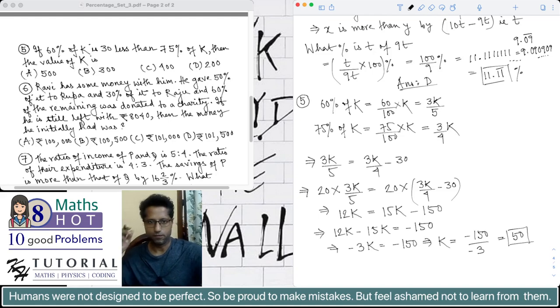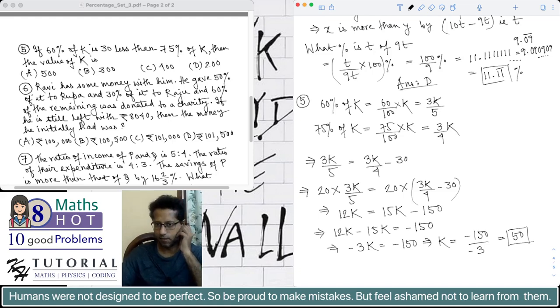There is no choice, 50. Let me check if I did it correctly or not. So 60% of K is 60 by 100 multiplied by K. If I simplify that, I get 3K by 5. Okay, 75% of K is equal to 75 by 100 multiplied by K. If I simplify 75 by 100, I get 3 by 4.